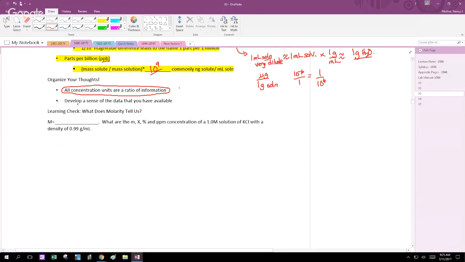For example, if I'm given a 6 molar solution of HCl, there's an implied ratio that says for every 6 moles of HCl solute, there is 1 liter of solution, by definition. So when you're given a concentration, it's very helpful to write it as the fraction that it is.